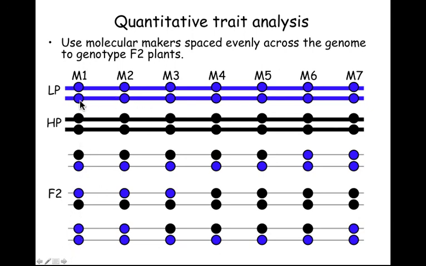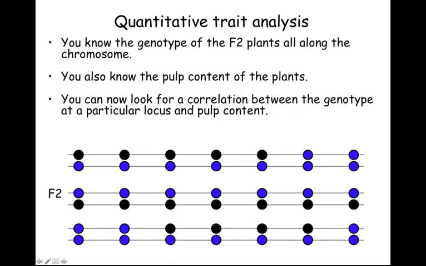And similarly, if you notice that the ones with lower pulp content tend to be associated with one particular genotype, that could also give you an idea that there's a region that's involved in this. So the math of this is fairly complicated, but the concept, I think, isn't so terrible. You're basically just going along the chromosome and asking, do the markers correlate the genotype with the pulp content for that particular position on the chromosome?